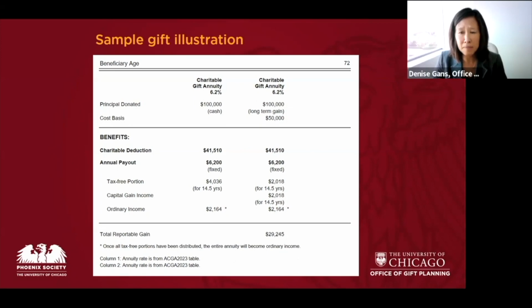So right off the bat, a donor in this instance is going to avoid capital gains of about $20,000, and the remaining $30,000 is going to be deferred and spread out over the payments that are going back to the donor for the rest of the donor's lifetime. And this is a real advantage as compared to a donor who would otherwise perhaps take those appreciated securities, sell them, be subject to all the capital gains tax up front, in order to reinvest the proceeds in some other type of income producing investment.